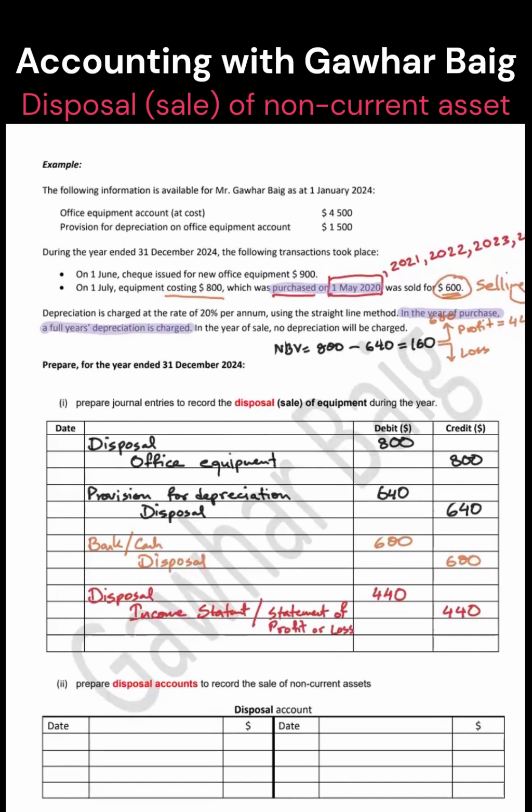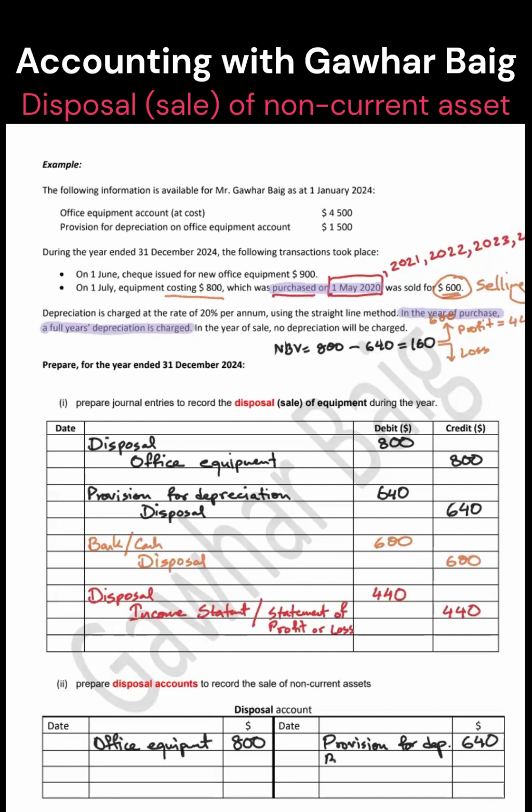Now let's go for the preparation of the disposal account. First of all, we'll record the cost of the asset disposed, by debiting the disposal account of office equipment. The cost is $800. Second entry is the provision for depreciation, which is $640.